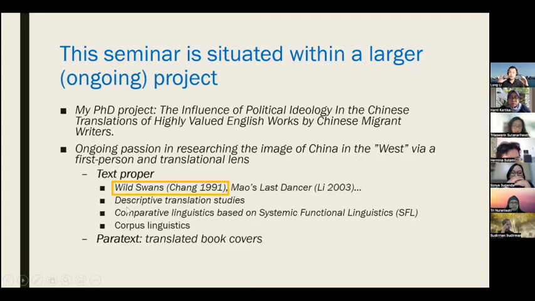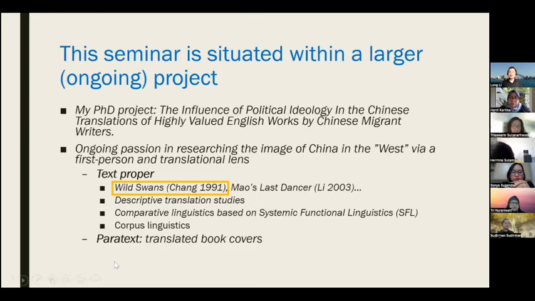So I have studied both the book covers as well as the text proper, or what is inside the book. And I have studied not just the book called Wild Swans, but also another book written by a Chinese Australian writer called Mouselar Stancer. I don't know if anyone has heard of this book before. In studying the text proper, what's inside the book, I have adopted theories and methodologies from descriptive translation studies, comparative linguistics between English and Chinese based on systemic functional linguistics, or SFL, as well as corpus linguistics.